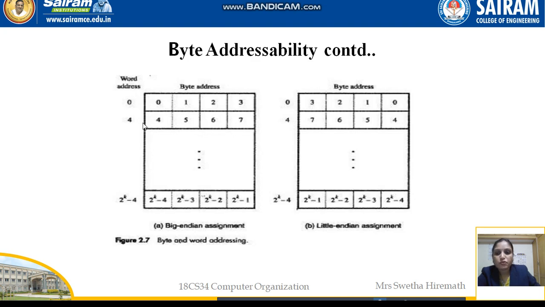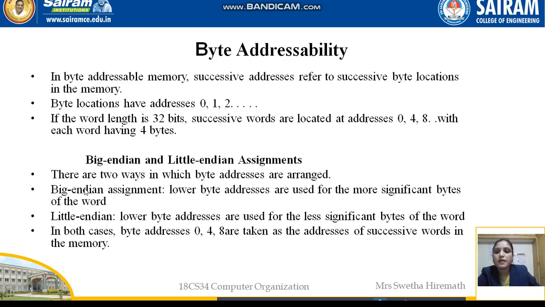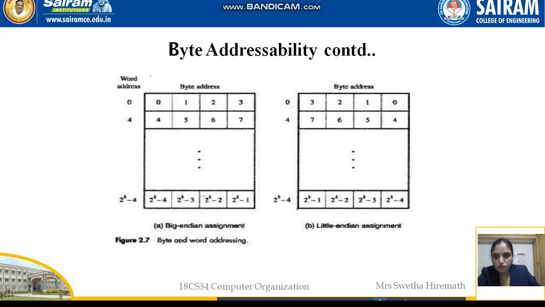So lower byte addresses are used for the most significant bytes of the word, here 0 and 4. Okay, so this is the big endian assignment.